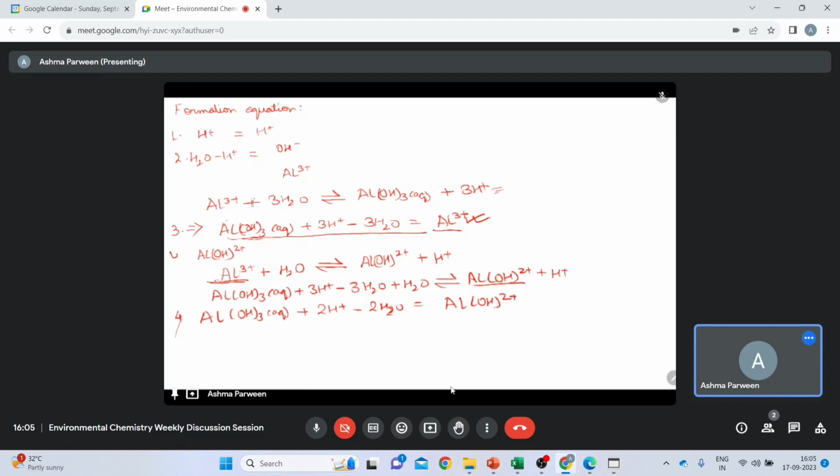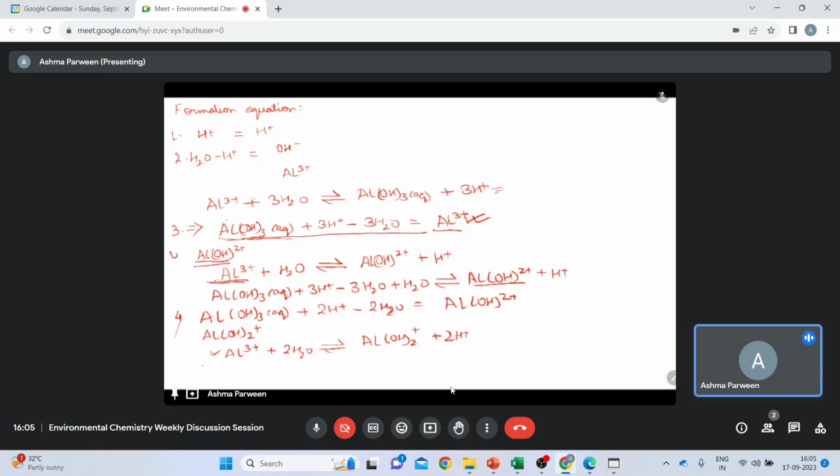Let's see the next species, AlOH whole 2 plus. We know that Al3+ plus 2H2O will give us AlOH whole 2 plus 2H+. Here also we will replace Al3+ using this equation.